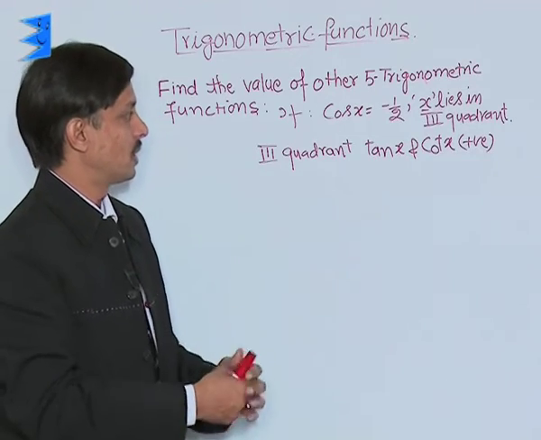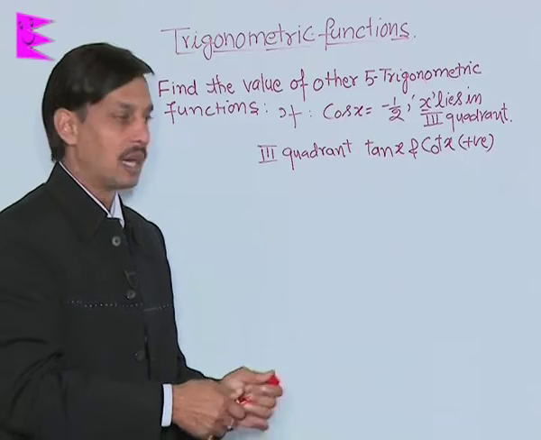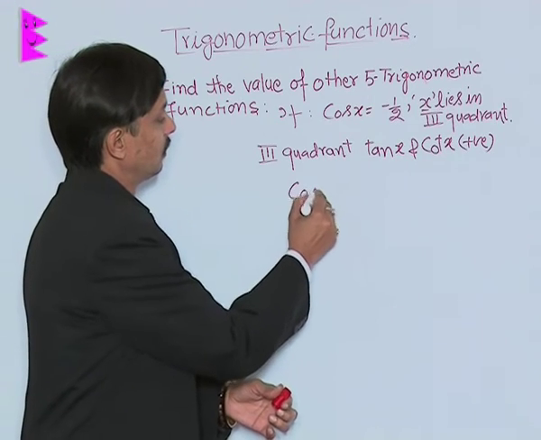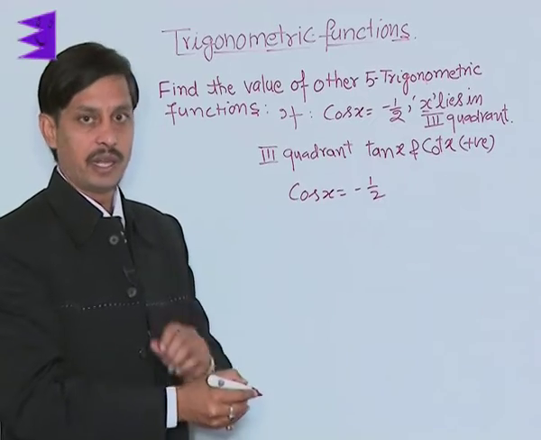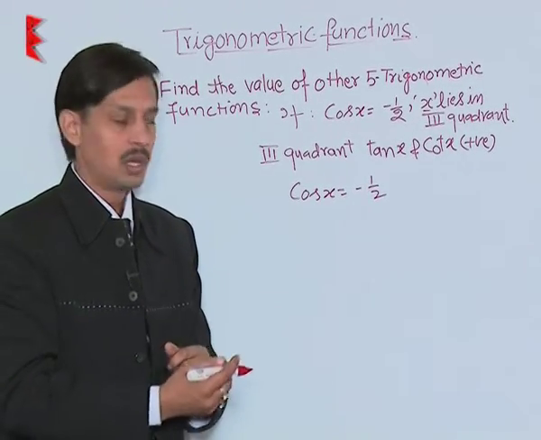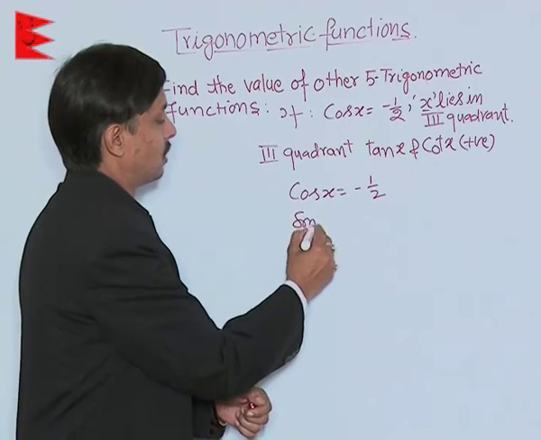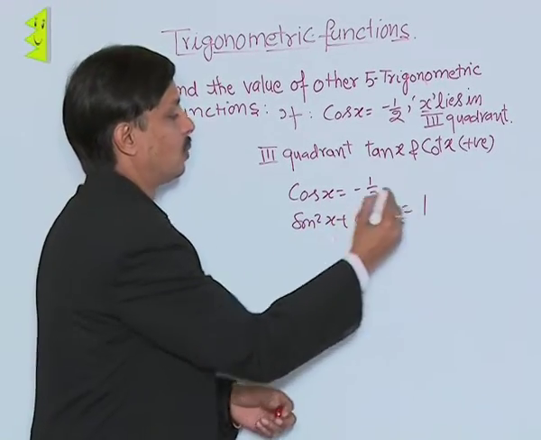So very first, we are given here cos x is minus half. But we know that in any condition sin square theta plus cos square theta is 1, or you can say sin square x plus cos square x is 1.